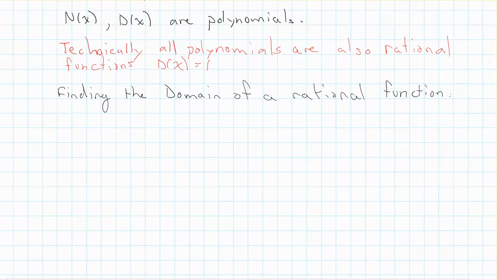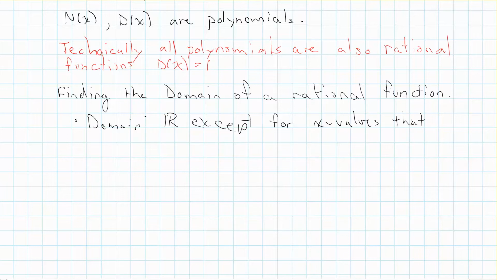And finding the domain is simply, for a rational function, the domain is going to be all real numbers except for x values that make d of x equal to 0.